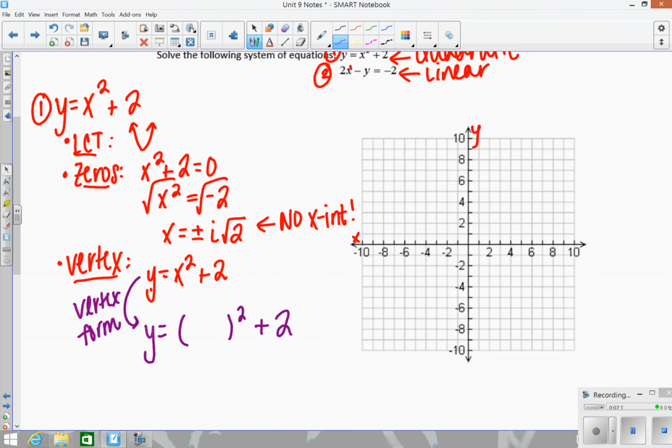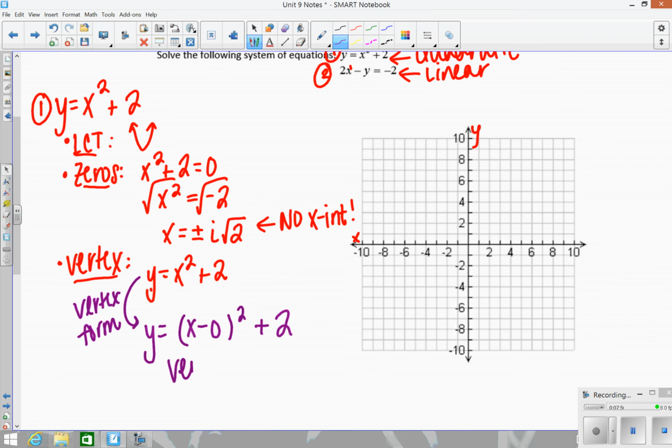To complete the square, I would bring over this 2, and then you could complete the square in x squared, but x squared is already a perfect square. So really you can just think of this as x minus 0, because x squared is the same thing as saying quantity x minus 0 all squared. So this is in vertex form. I don't really need to complete the square. You could complete the square, you'd get the same conclusion, but it's much quicker just to rewrite it like this.